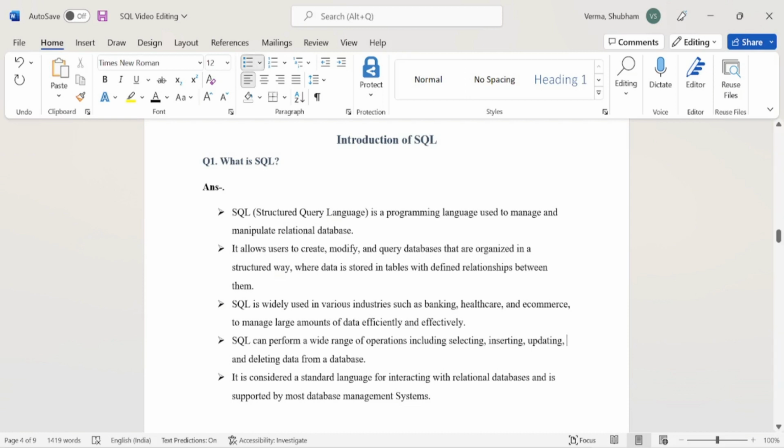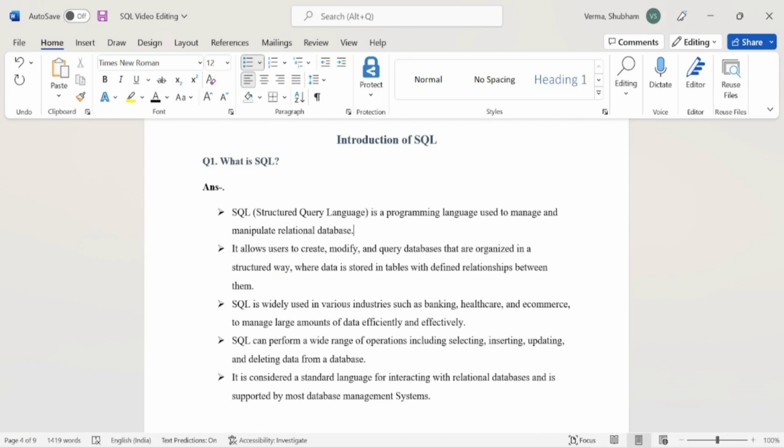SQL is widely used in various industries such as healthcare, banking, e-commerce and so on to manage large amounts of data efficiently and effectively. SQL can perform a wide range of operations including selecting, inserting, updating, deleting and so on from our database. It is considered a standard language for interacting with relational databases, and it is supported by most database management systems.